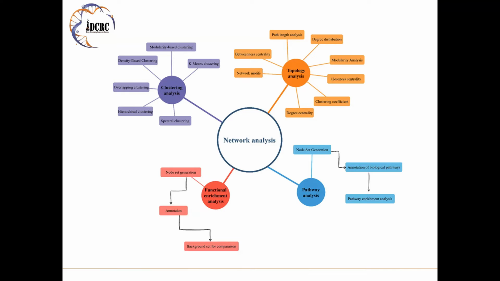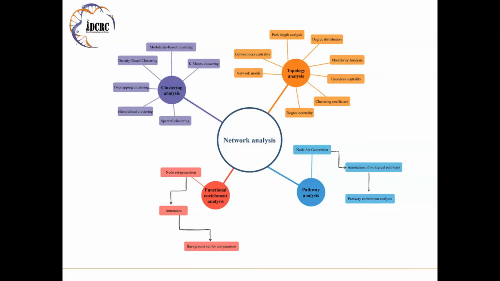There are different pathways which are biologically validated, and the information related to their function is present in various databases such as KEGG and GEO. These databases can be used for the functional enrichment analysis of a particular set of genes or pathways in the network analysis.